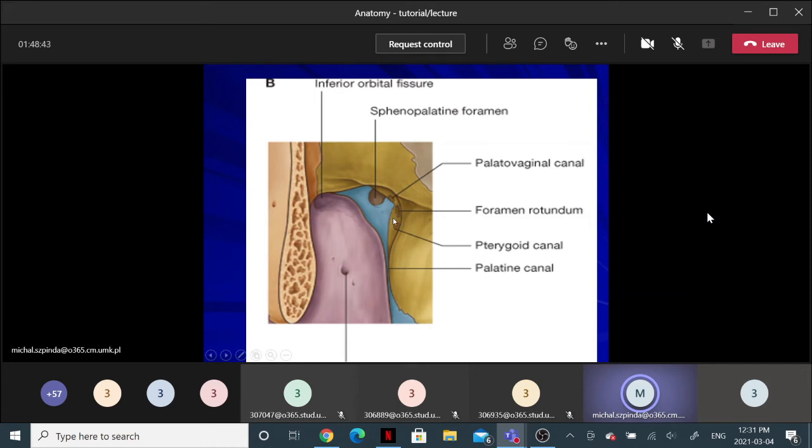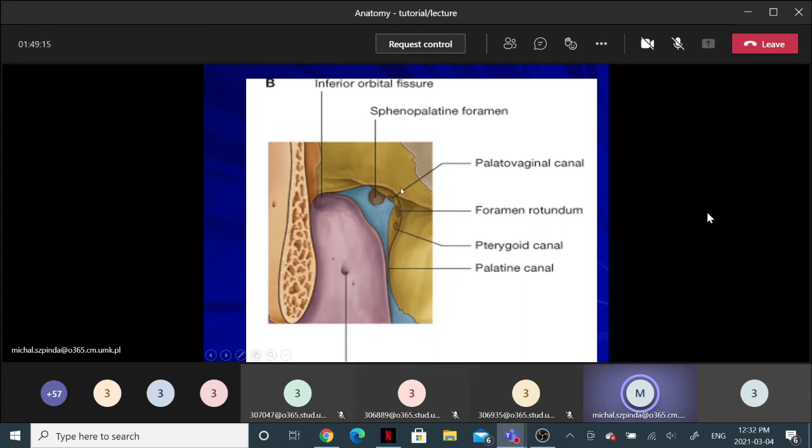So the posterior wall of the pterygopalatine fossa is composed of the maxillary surface of greater wing superiorly and more distally by two plates of the anterior of the pterygoid process, which are fused with their anterior margins.